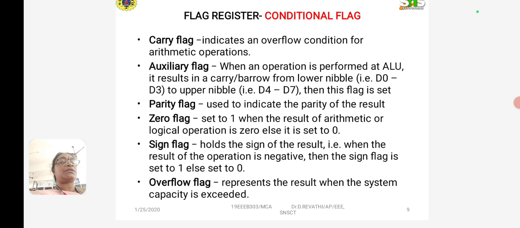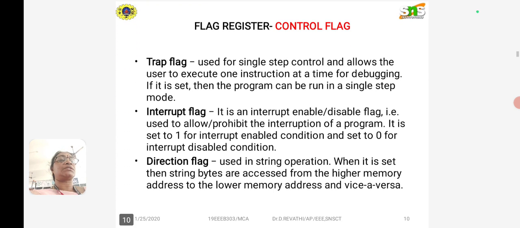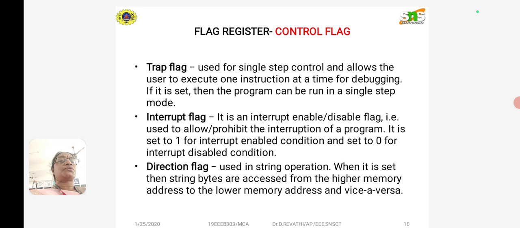The sign flag holds the sign of the result: if the result of the operation is negative, then the sign flag is set to 1, else 0. Next is the overflow flag, which represents the result when the system capacity is exceeded. And then the control flags.